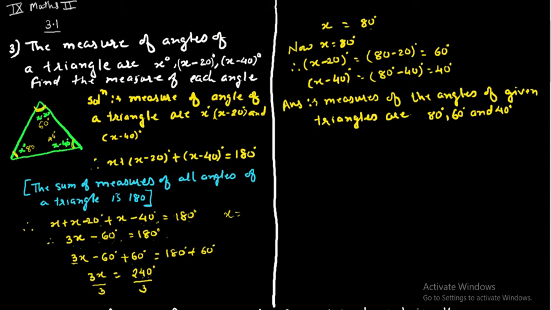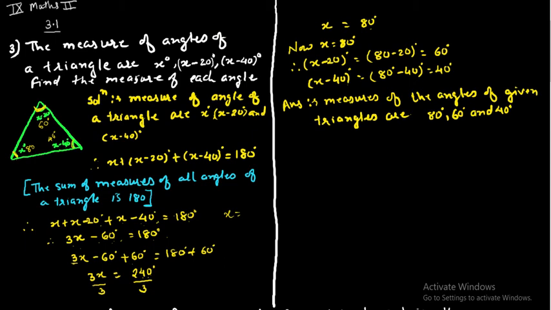So x plus x minus 20 plus x minus 40 degree is equal to 180 degree. We have to mention the reason. Then open the bracket. So we get x plus x minus 20 plus x minus 40 is equal to 180 degree.